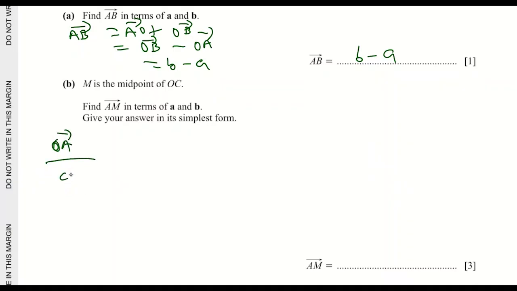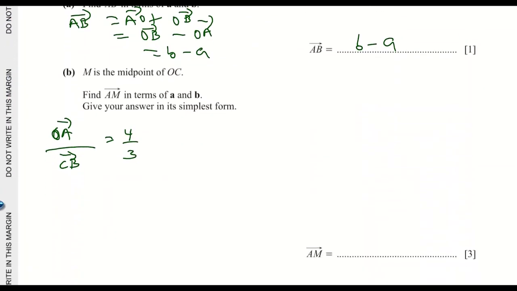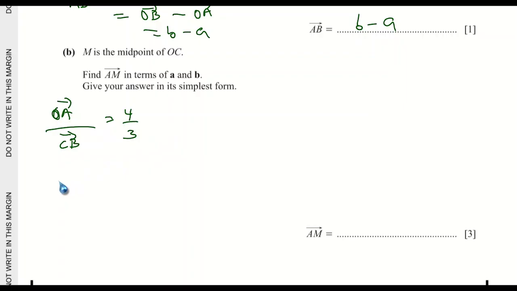We know that OA is A, so we can replace it. So A over CB equals 4 over 3, and this will give us CB equal to 3 over 4A if you cross multiply and make CB the subject of the formula. So we have CB now.